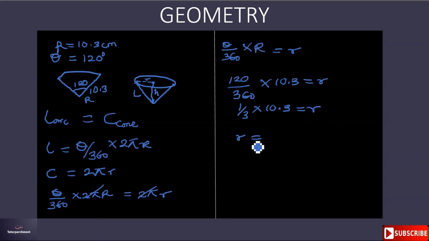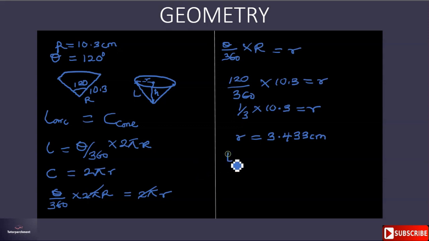So calculating your radius, r is 3.433 centimeter. Okay, so you can see that for you to find the height of the cone, you already know the slant height.